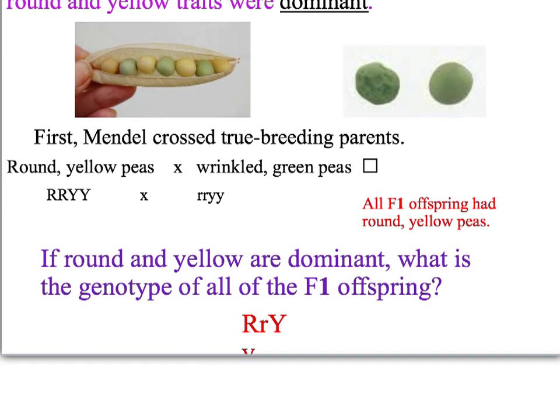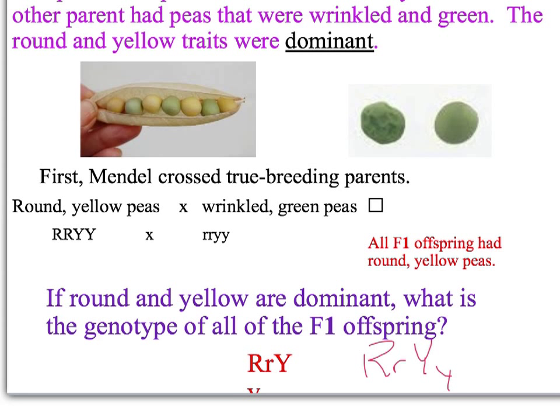But if it transferred correctly on the PowerPoint, we'd have big R, little r, big Y, little y. Because remember, this is very similar to what we did in class when you guys had the pieces of green construction paper and you had either tall plants or dwarf plants. And so here's the genotype of all of those babies.